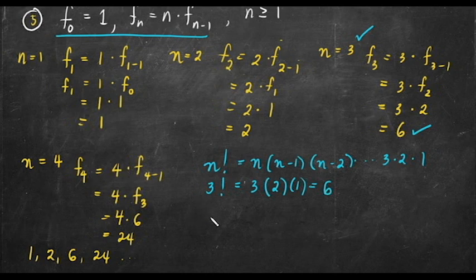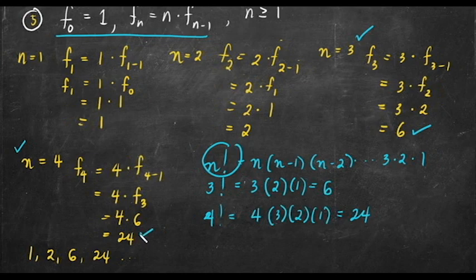Let's try 4. 4 factorial is 4 times 3 times 2 times 1. 4 times 3 is 12, times 2 is 24, times 1, 24. So, n equals 4, 24. So, it's equivalent to n factorial.